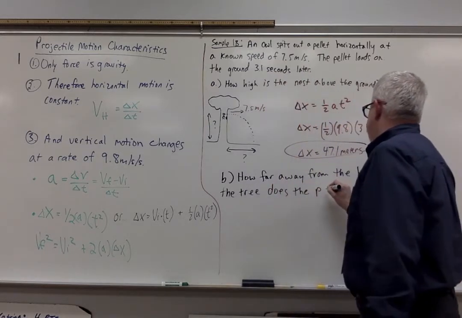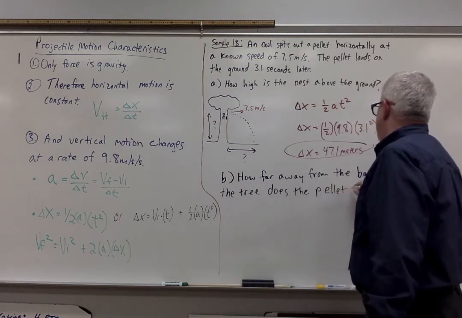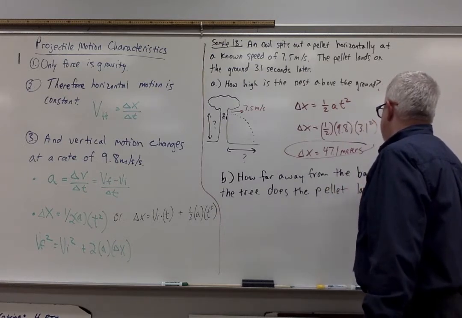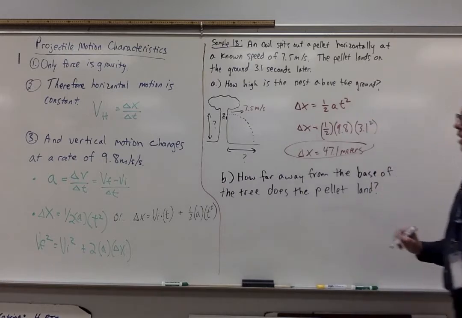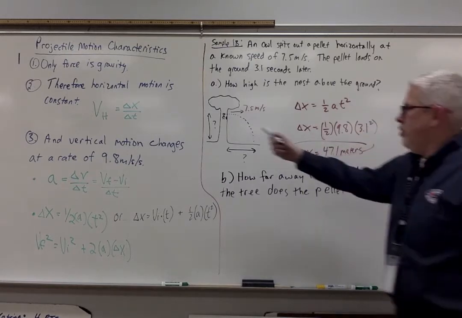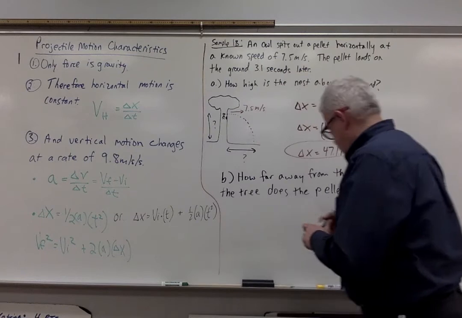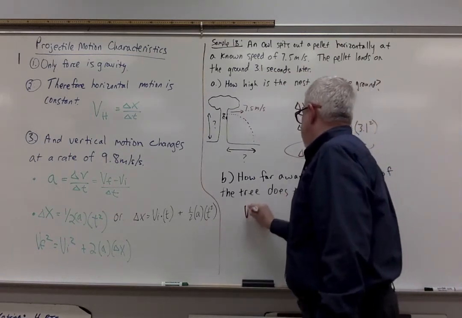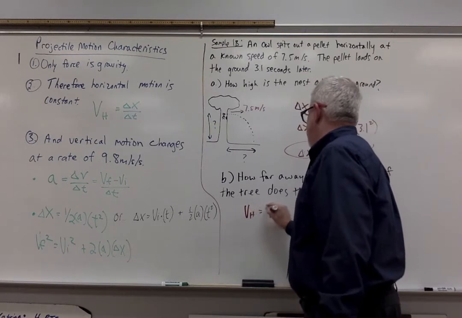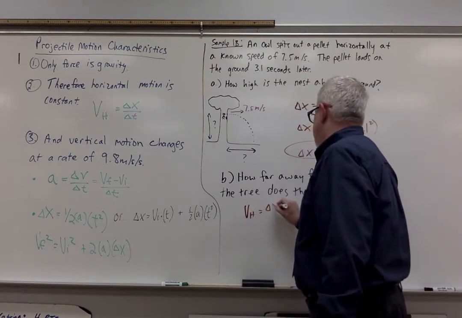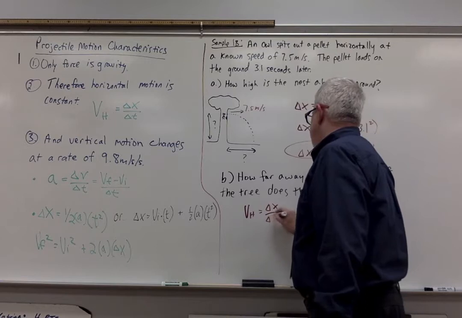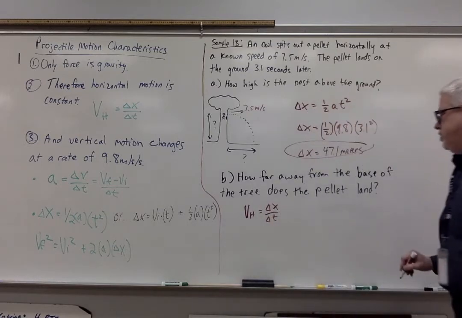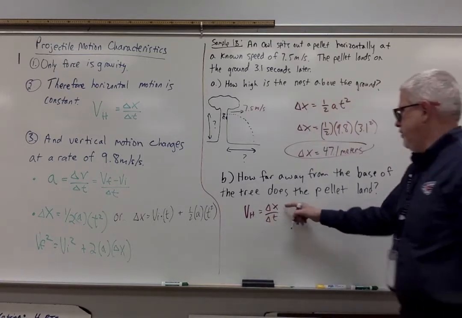So in this case, we're looking at a horizontal distance. So there's, again, only one horizontal equation. It's this. VH is equal to change in horizontal position over change in time, or time interval. So at this point, I've got to rearrange it to solve for this delta x.